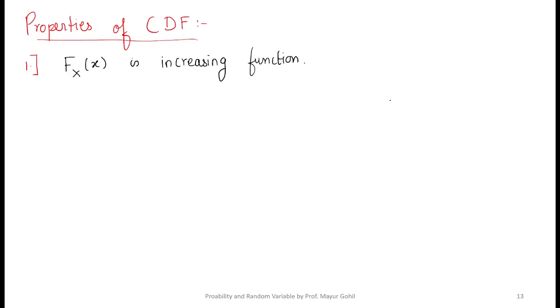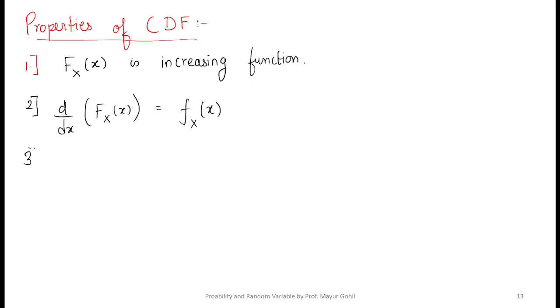Then another property relates the probability density function and the cumulative distribution function: if we take the derivative d/dx of capital F of x, we will get the PDF. So this is the relationship between the CDF and the PDF of that random variable X.